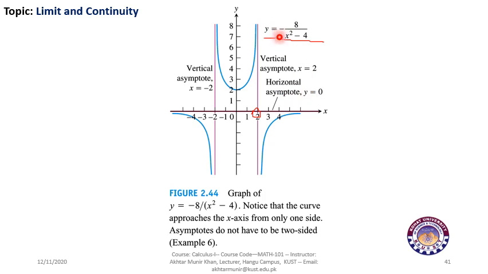Here, if x approaches infinity, then we get 8 divided by infinity minus 4, so we will get a limit value equal to 0. So the line whose equation is the limit at infinity of this function will be the horizontal asymptote.